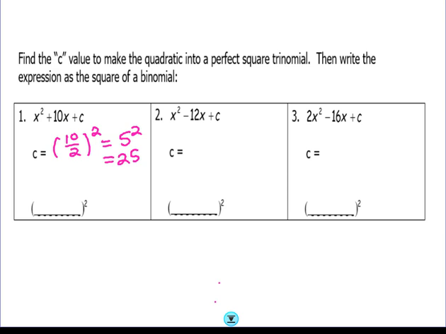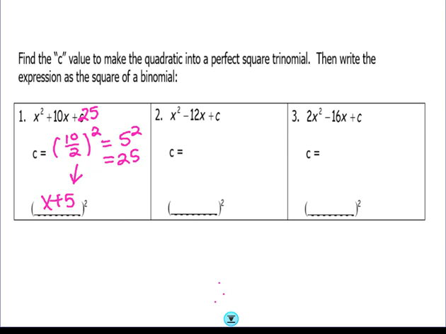So now it's going to give us a perfect square trinomial, and we're asking ourselves what multiplies to give us 25 but adds to give us 10. So we're going to have x plus 5 squared. Notice this factor, that 5, is half of b. That's going to work for us each time.